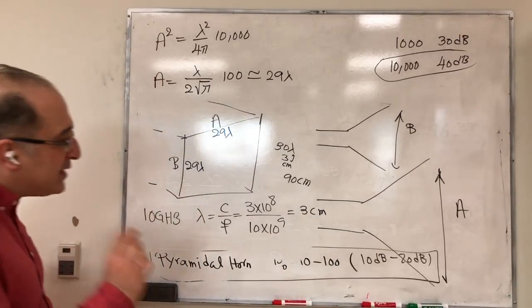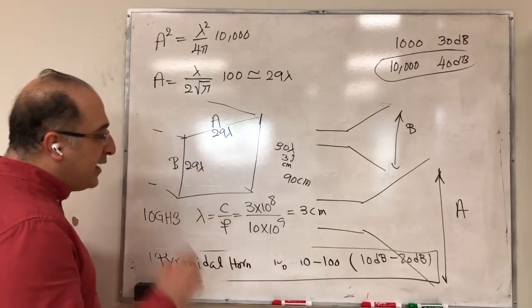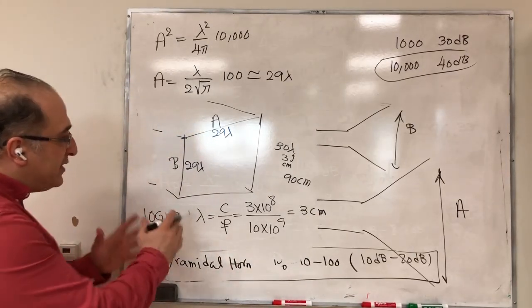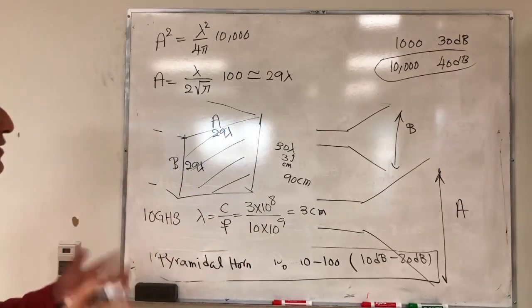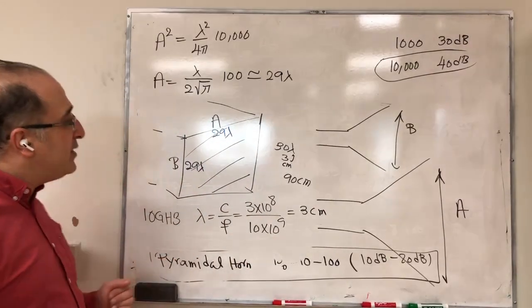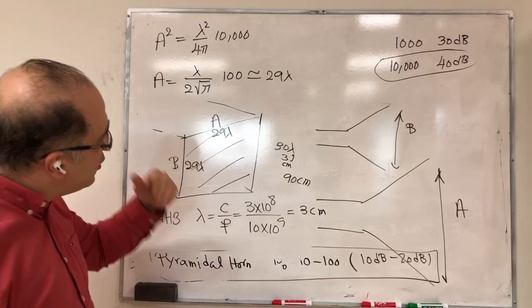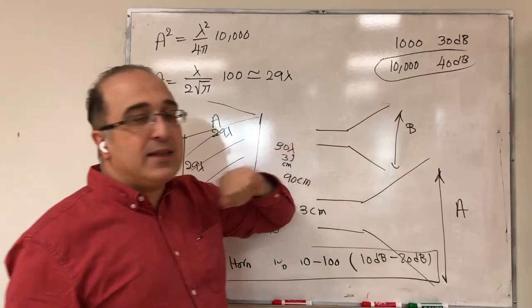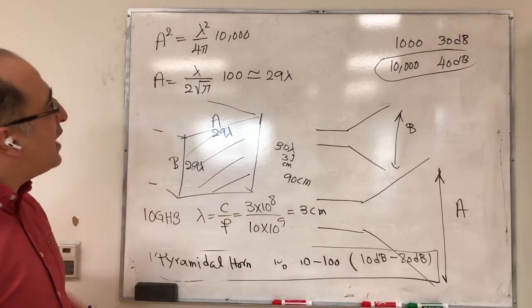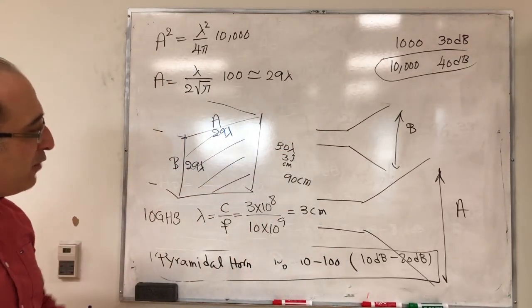But there is something that we have missed here, and I'm going to go over that. So you see, this is the size of aperture. You essentially need about 29 lambda by 29 lambda to get to 10,000 directivity based on aperture efficiency of 100%.